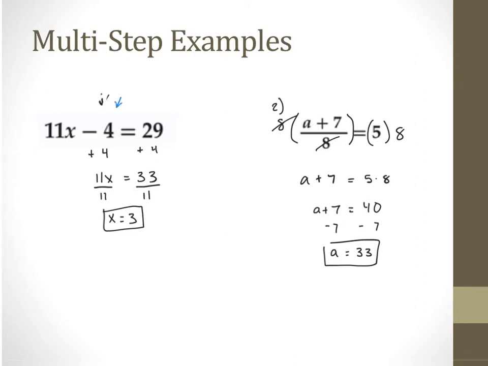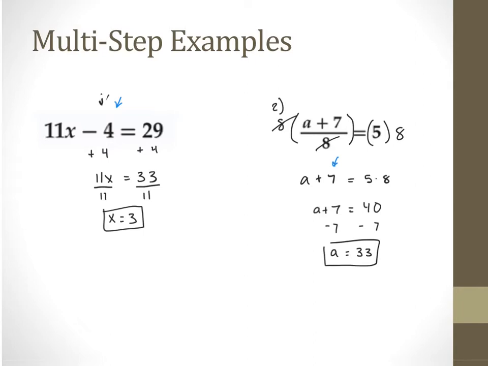That was the number that was most separated from the variable. In the second problem, there really wasn't a number as nicely separated as the 4 was in the first problem, but you did have a fraction. Okay? You needed to get rid of the fraction first. So we did that. Then you have the 7, which is nicely separated, and we can subtract that away.